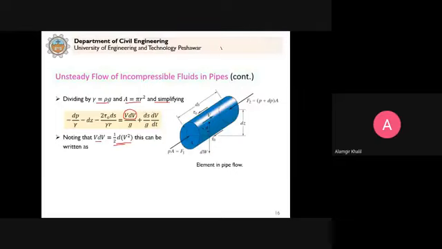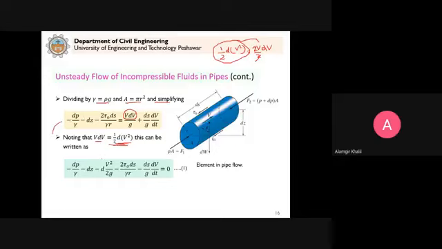Because we already know that if I take the derivative of half V square, the derivative will be 2V into dV divided by 2. So now the 2 cancels, and we can write this is equal to V into dV. So that's why V dV I can replace with this quantity here. So now this equation becomes this equation here.